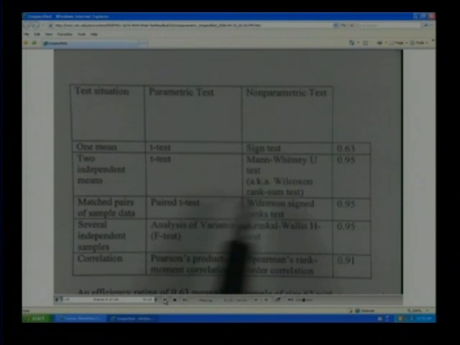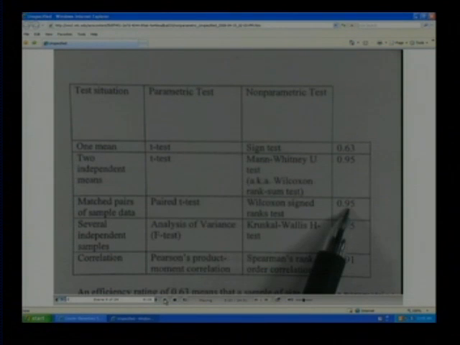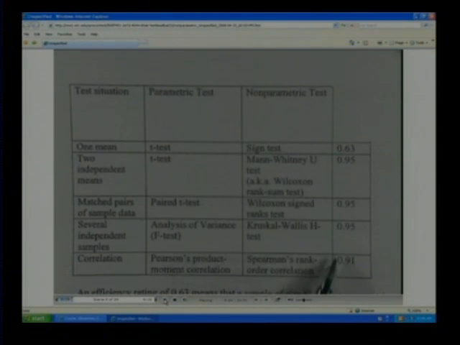Now, a lot of these have efficiencies of 0.95, 0.95, 0.95, 0.91. There's not very much difference there. There's a 5% difference: a sample size of 95 compared to a sample size of 100. So while they aren't as efficient, they're almost as efficient.